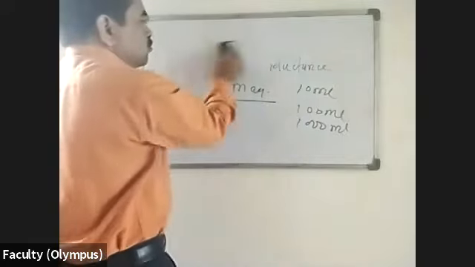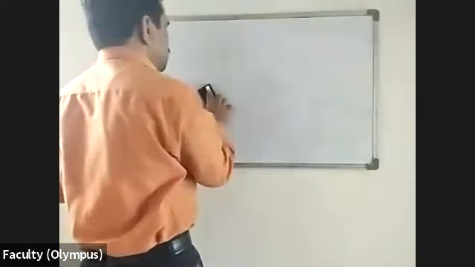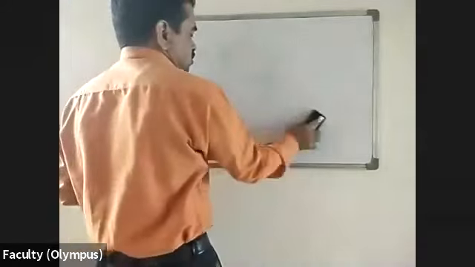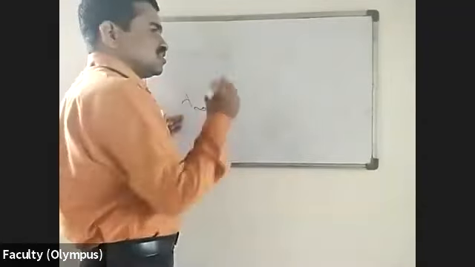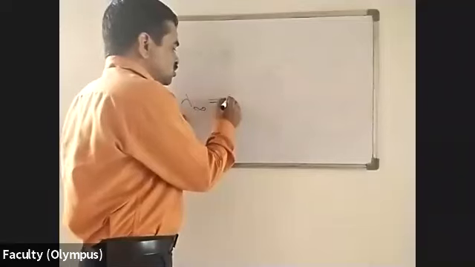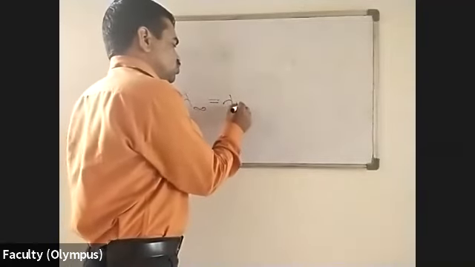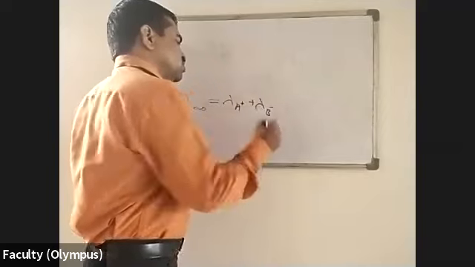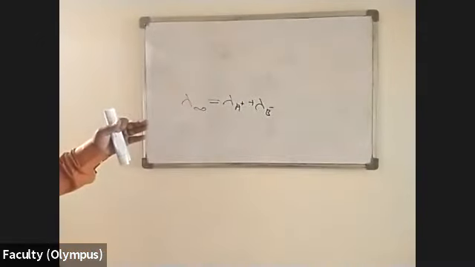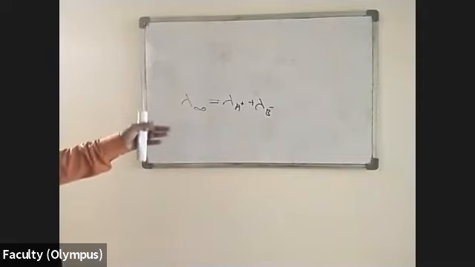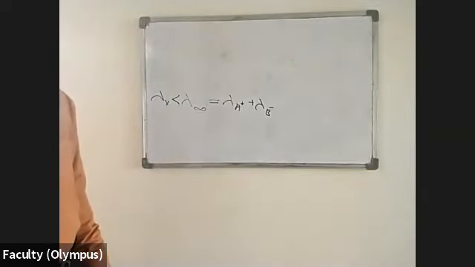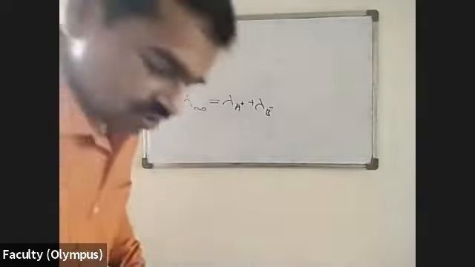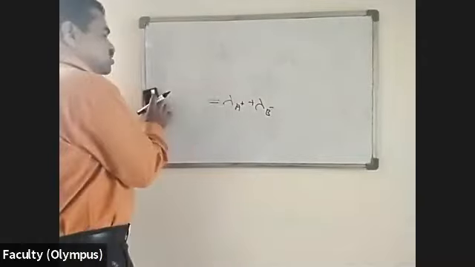Very dilute solution is used, and the conductance is this one. This conductance is equal to the conductance of the ions A positive plus B negative. Definitely, the conductance at infinite dilution is greater than the equivalent conductance.